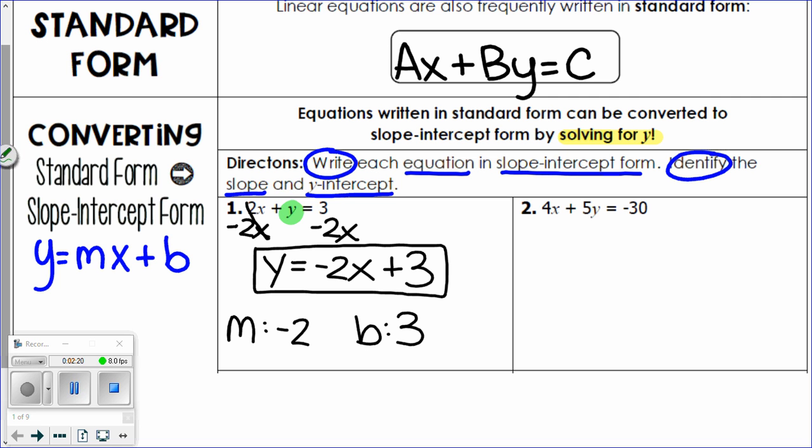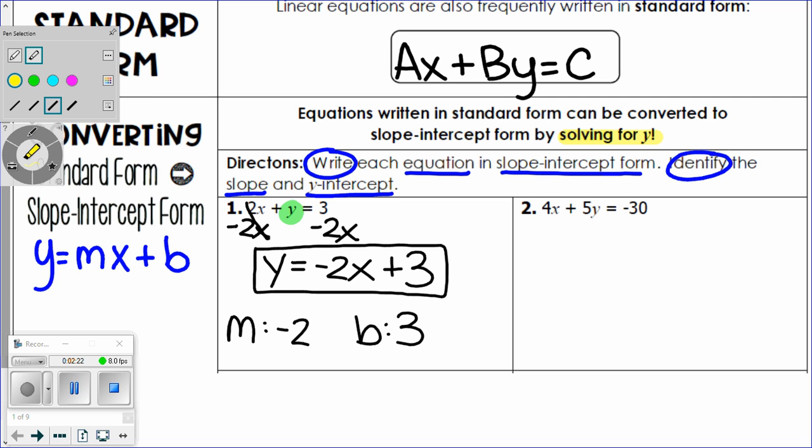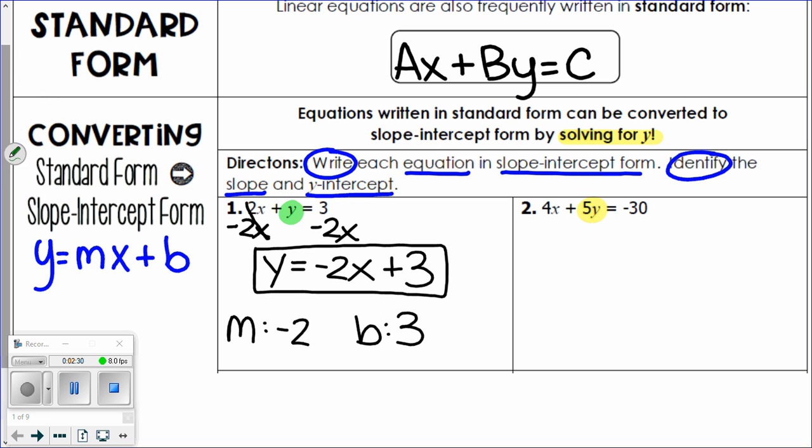Question 2. We want to get 5y alone. So we want to move the 4x. So we're going to subtract 4x from both sides. Those cancel out.